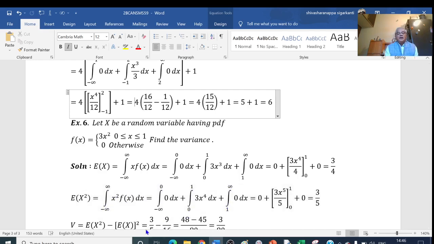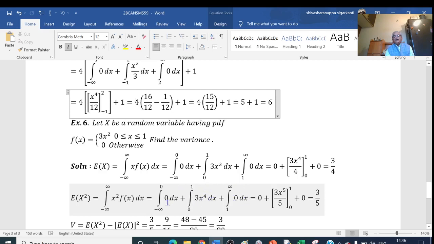But here minus infinity to 0 f(x) value is 0 and 1 to infinity also the f(x) value is 0. But in between 0 and 1 f(x) value is 3x square. X square into 3x square is 3x raised to 4 into dx.